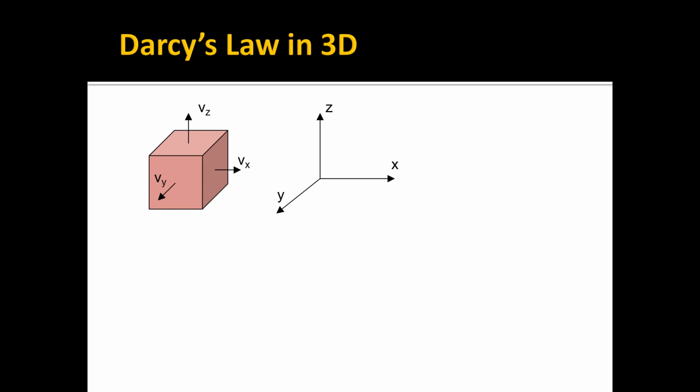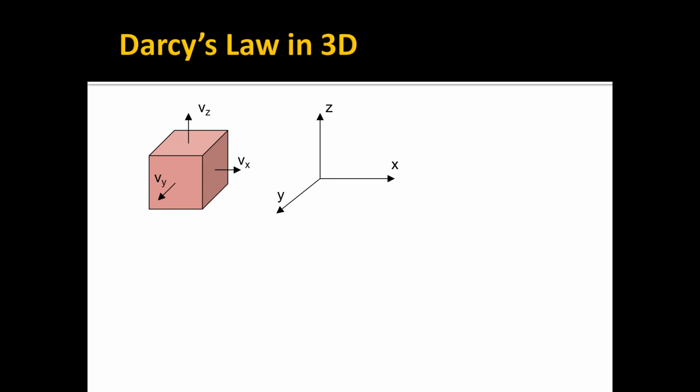So now we've rotated the coordinate axis a little bit. X is horizontal, Y is horizontal, and Z is vertical. And assuming that our bedding planes are primarily horizontal, typically Kx is equal to Ky because you're in the same horizontal plane and you're parallel to the bedding planes, but Kz would be much smaller because it's flowing perpendicular to the bedding planes.